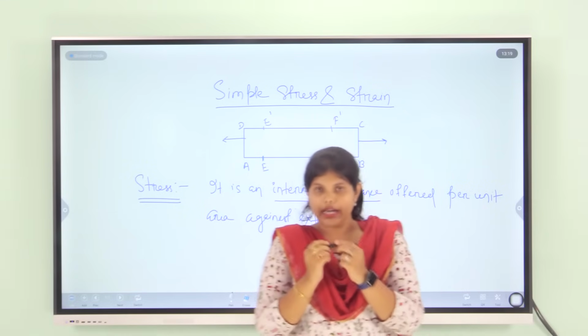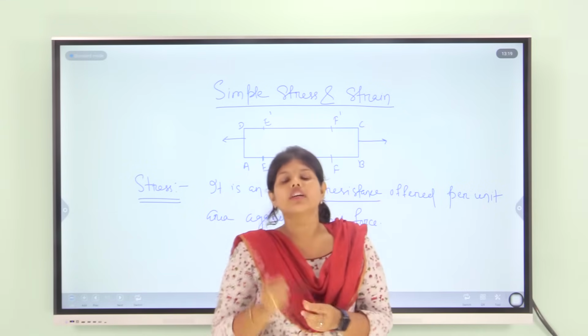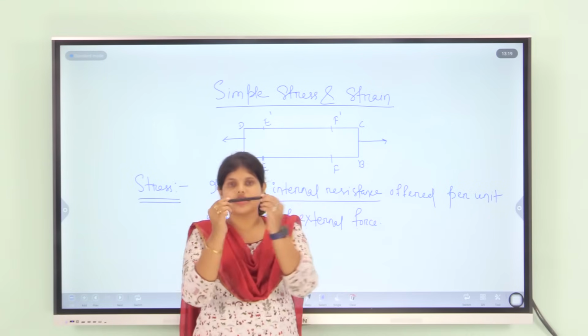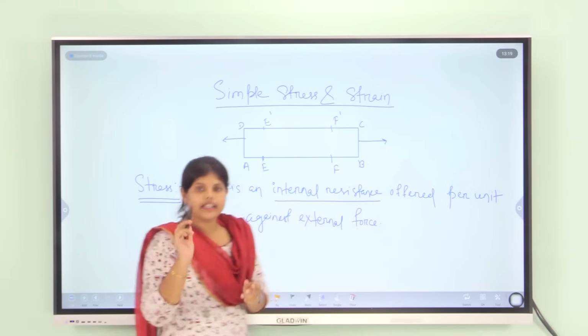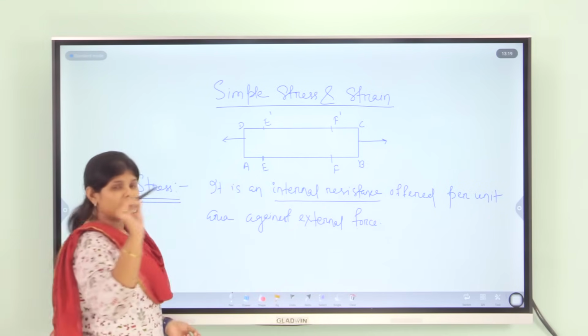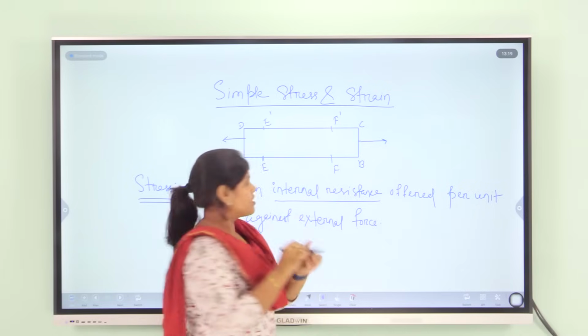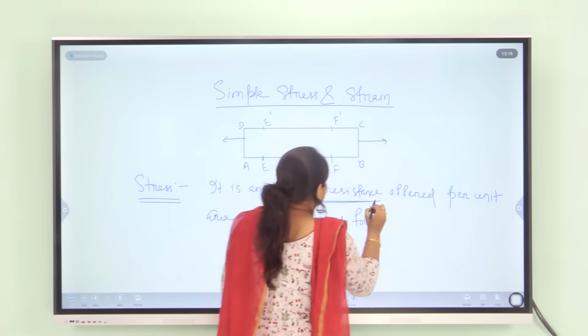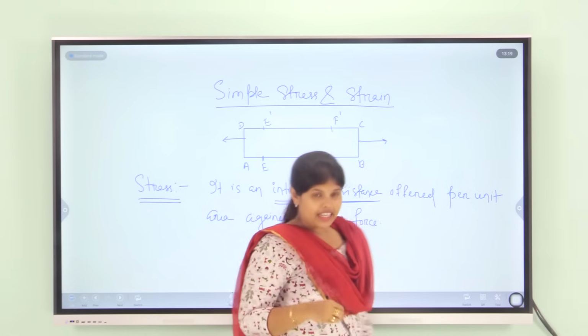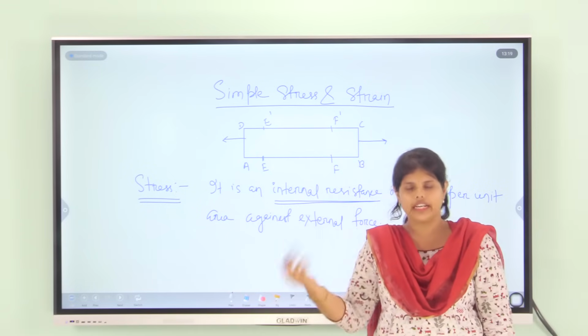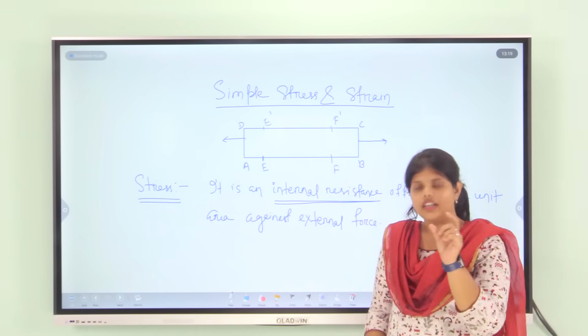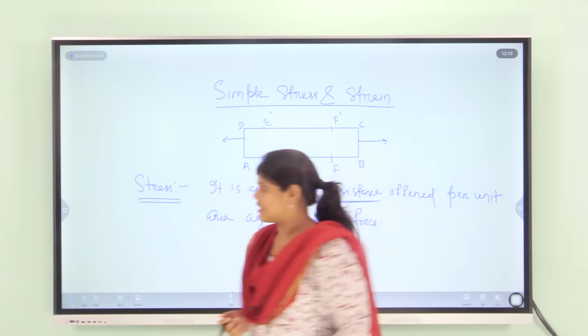The application of force by me is less than the internal resistance of this pen. That is why the term internal resistance is used here. In any body or any subject, there is some internal resistance.